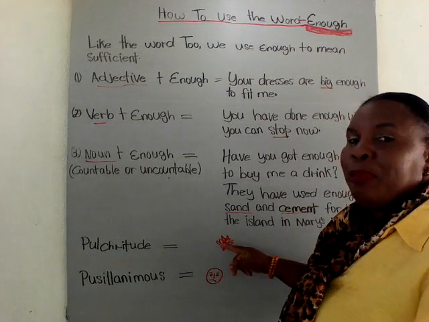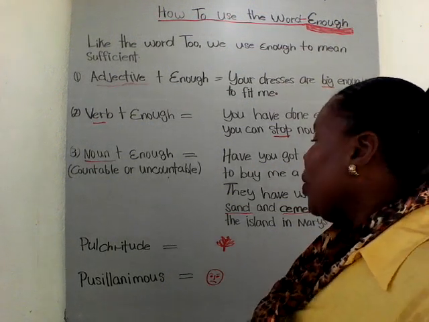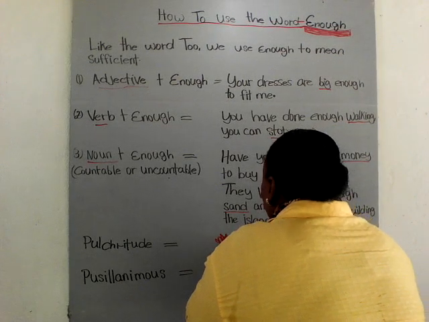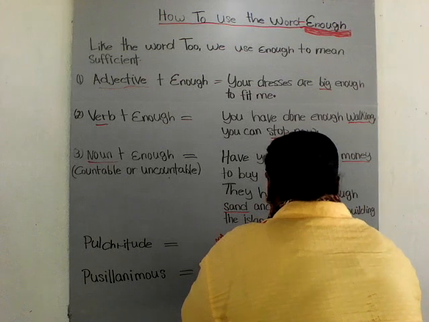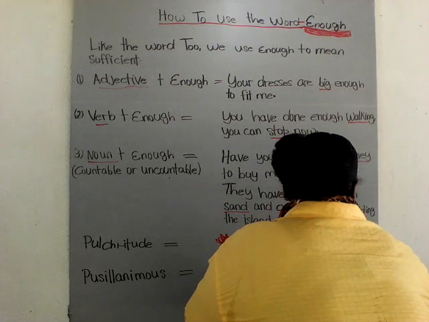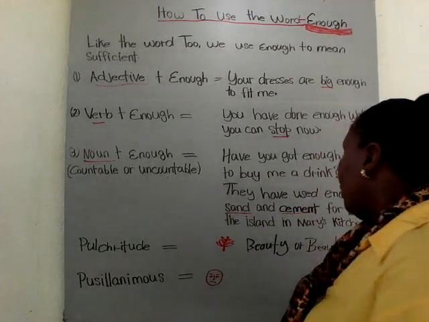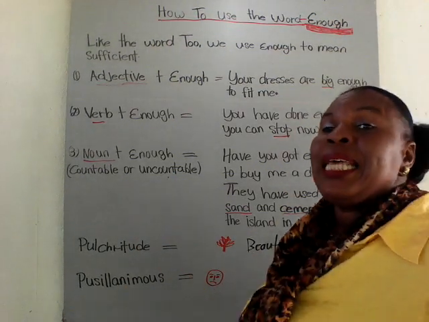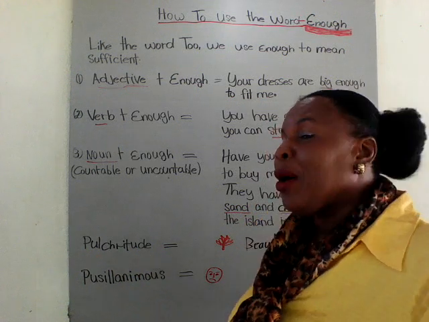And as you see this little plant, what do we usually say about plants? They are beautiful. So pulchritude means beauty or beautiful. Right? So you can create a sentence and use the word pulchritude and see how it comes out. You could leave it in my comment box, right?